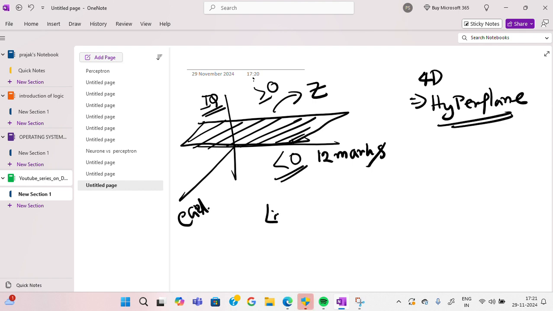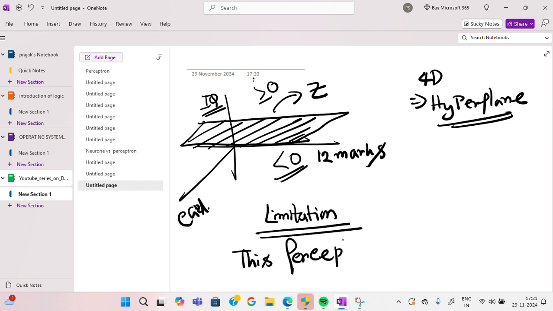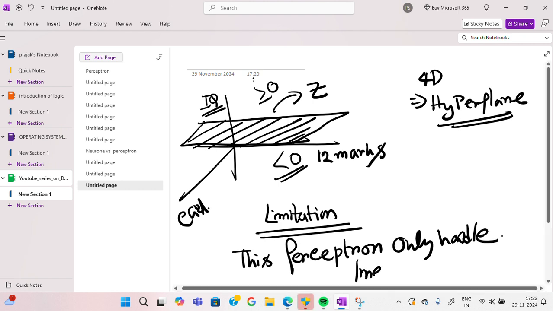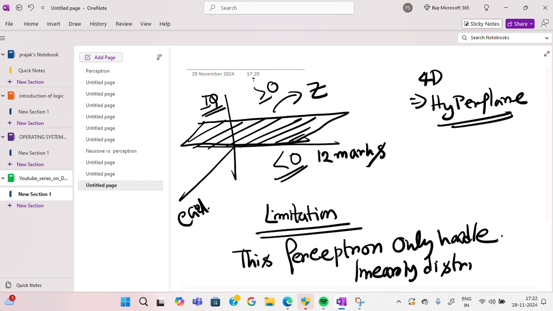The main limitation is that this perceptron can only handle linearly distributed data.